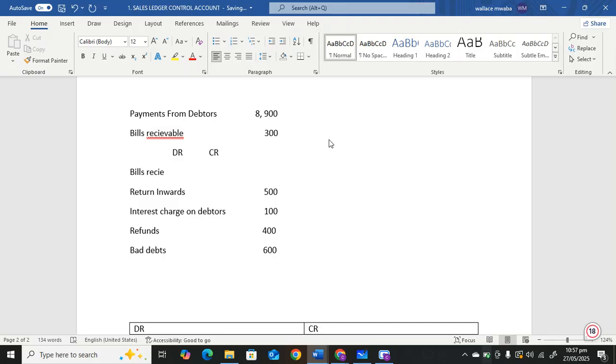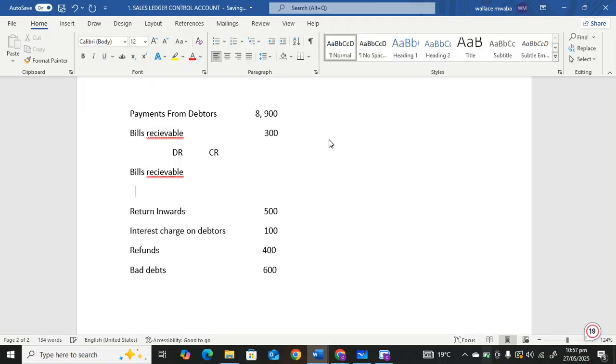You haven't received money, you have just received this document, this bills receivable document, that you're going to get your money with. So debit bills receivable, and you credit the receivable, the actual debtor who has paid you. Any questions?